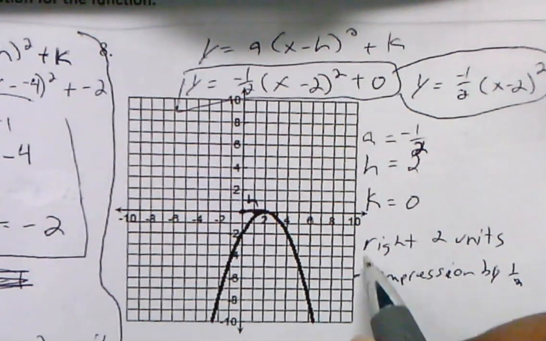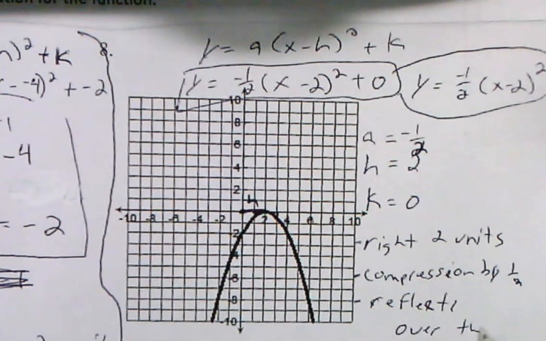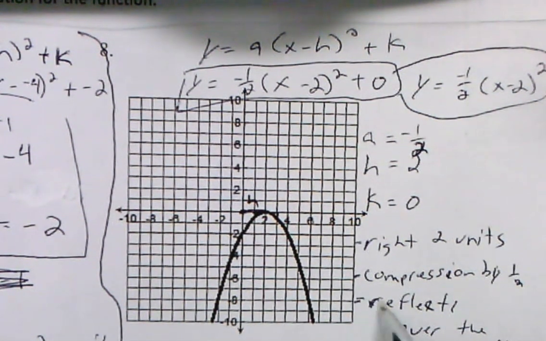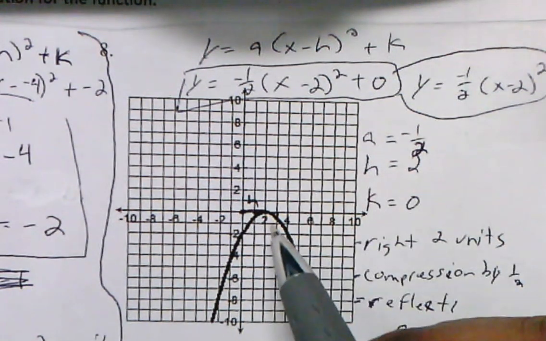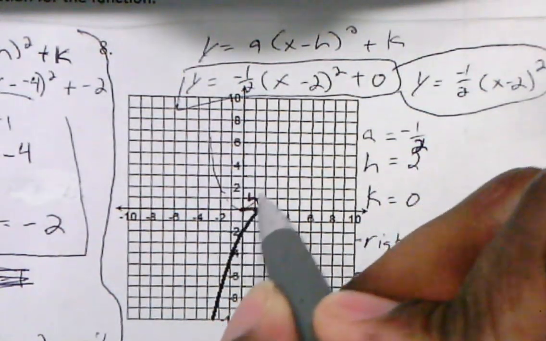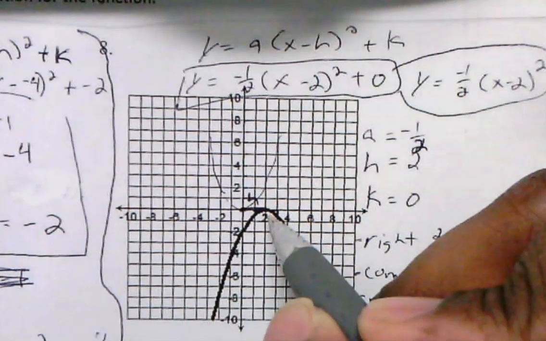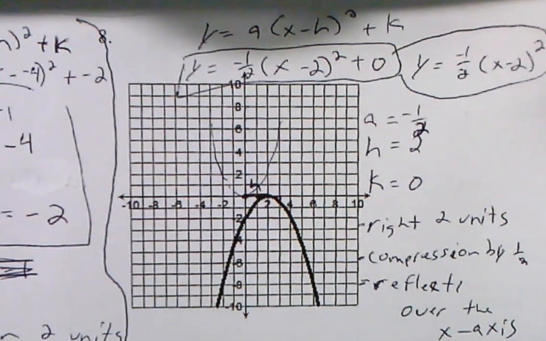So I'm going to say it's compressed by 1/2 and reflects over the x-axis. Whenever you see reflects over the x-axis, that always means the a value was a negative number. That means the original graph has now been flipped over the x-axis.